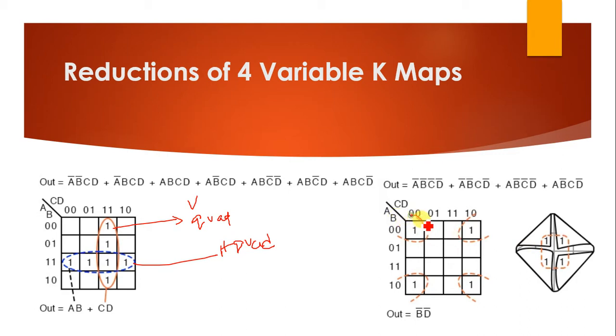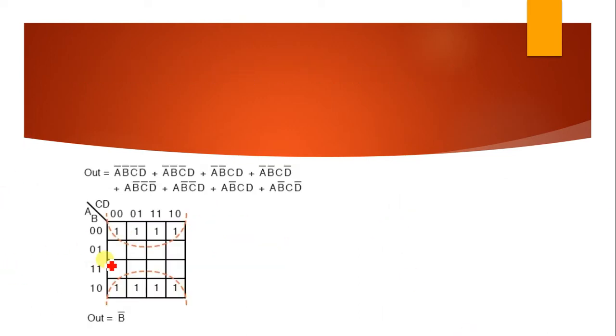You can see one corner you got 1, another corner you got 1, another corner you got 1, and the last corner you got 1. When you fold it inwards, the output is observed here. This is also possible in the case of a 4 variable K map. Similarly, you can fold the last rows or last columns in order to get the quad.